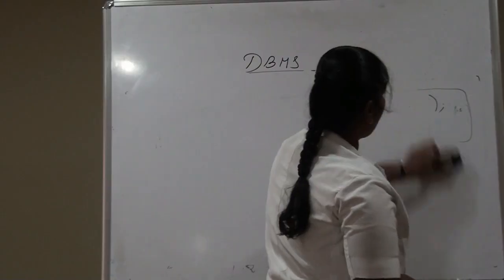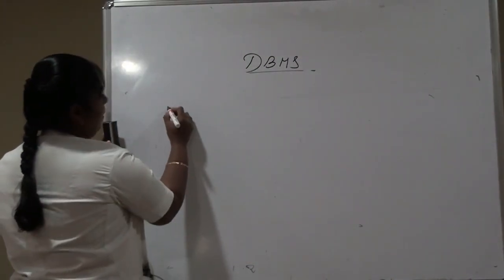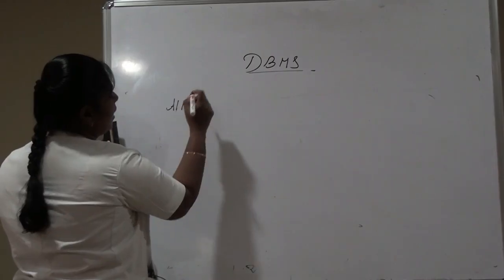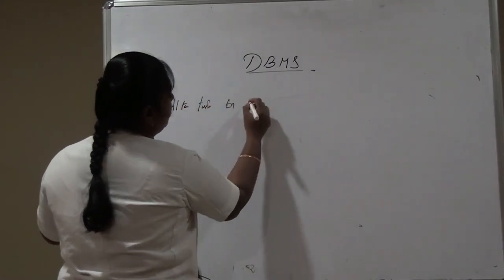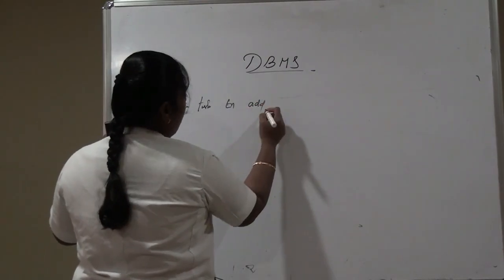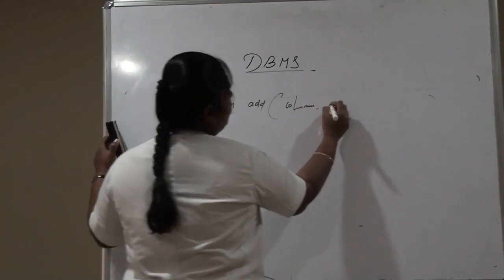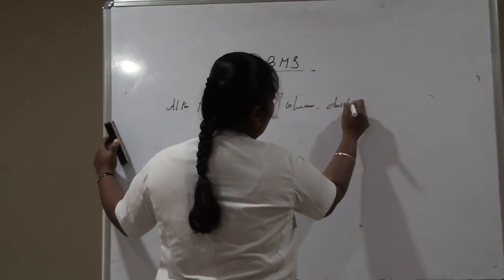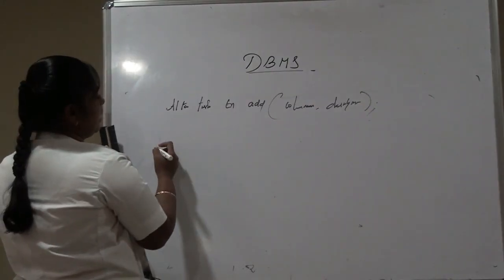For example, I need to alter the existing table with the help of the alter command. How to alter? Alter table, table name, add of column name, data type. This is the syntax for altering the table. How shall I alter the existing student table?